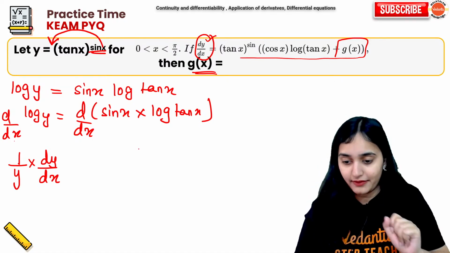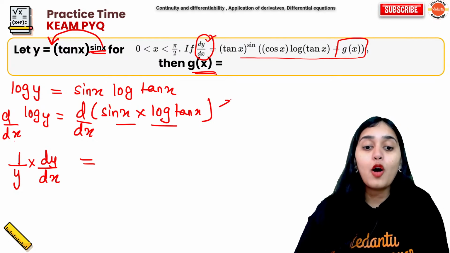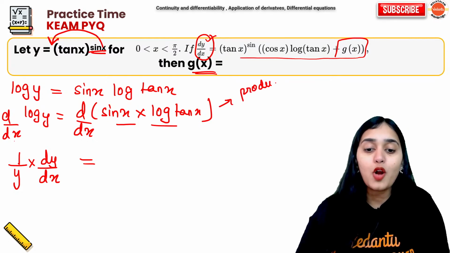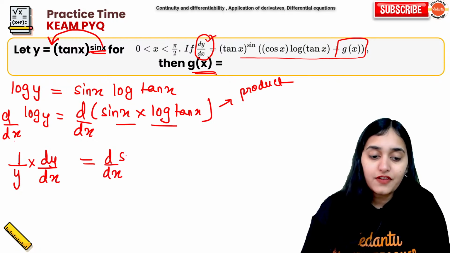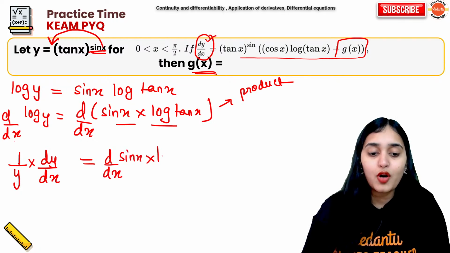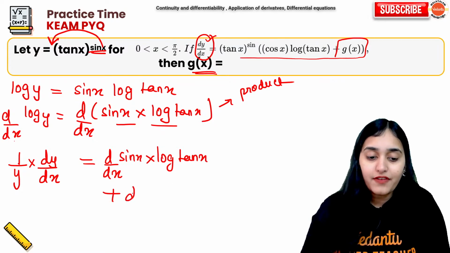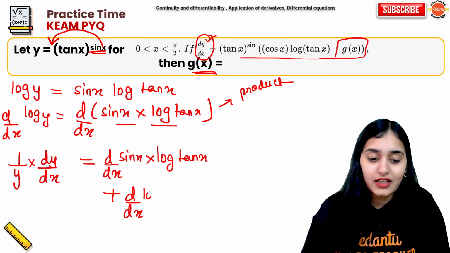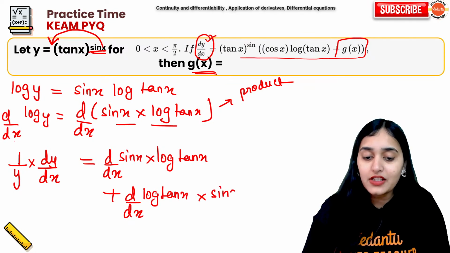It is not 1, right? Next, this is product rule. What is product rule? Differentiation of first function into second function plus differentiation of second function into first function.